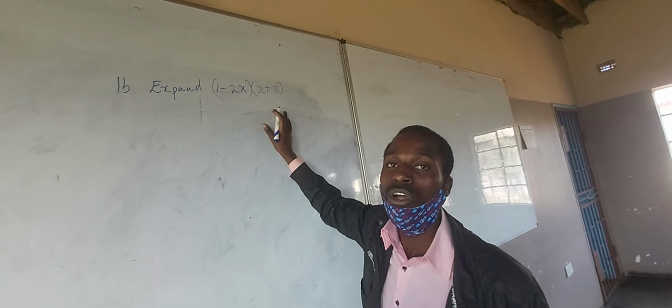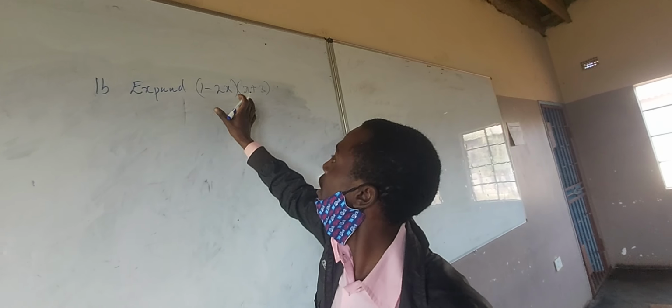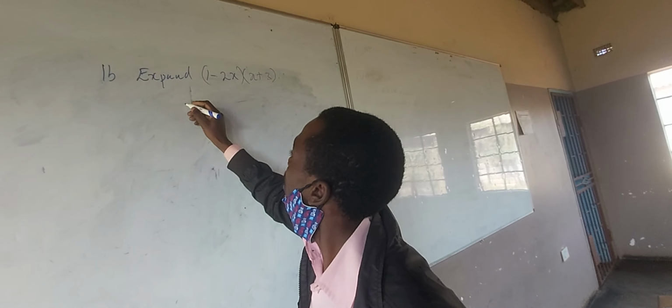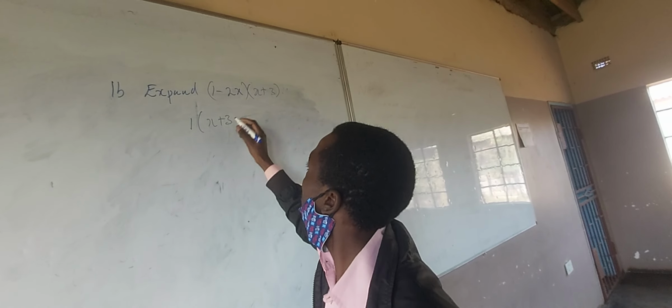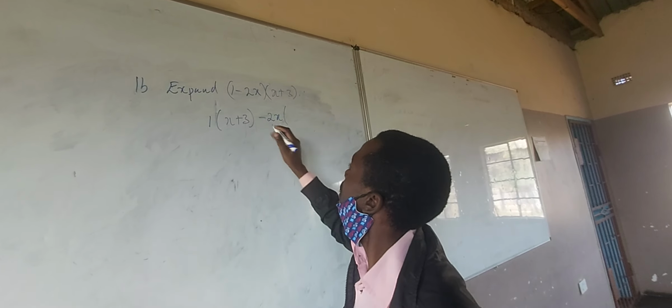Unlike terms will not subtract or add. So here we open this bracket and expand: 1 multiplied by x plus 3, minus 2x multiplied by x plus 3.